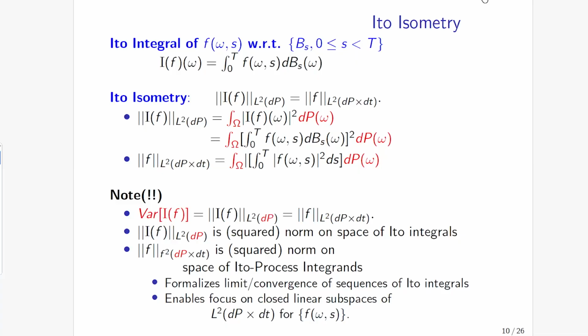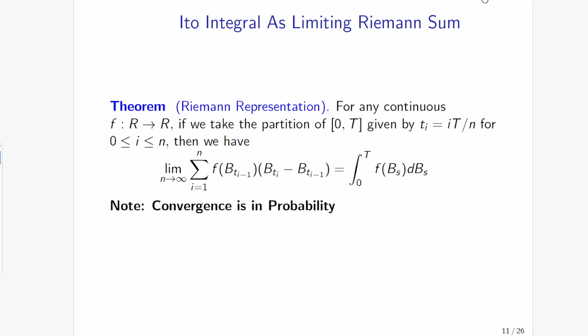We can talk about closed linear subspaces with these norms on the space. This allows us to define the distance between different integrands f, and the existence of a limiting Ito integral as we consider increments getting infinitesimal.